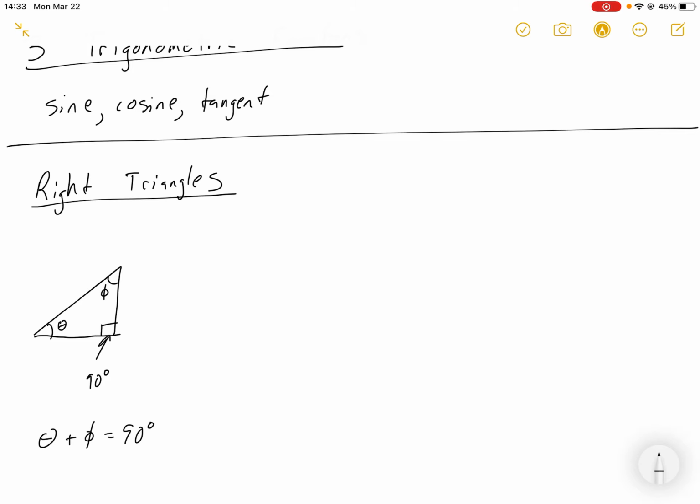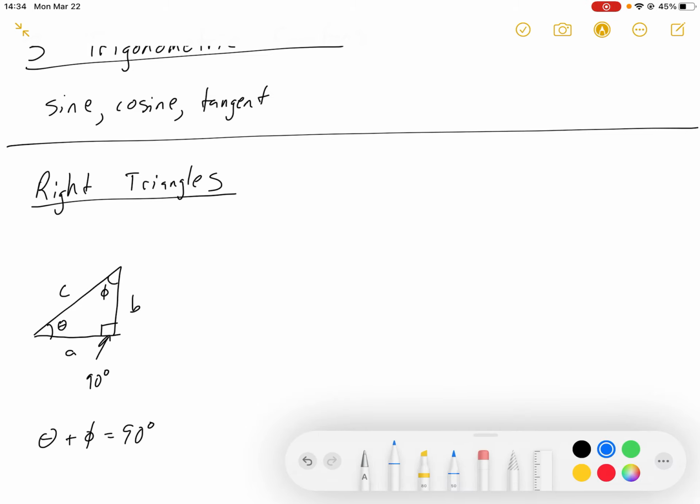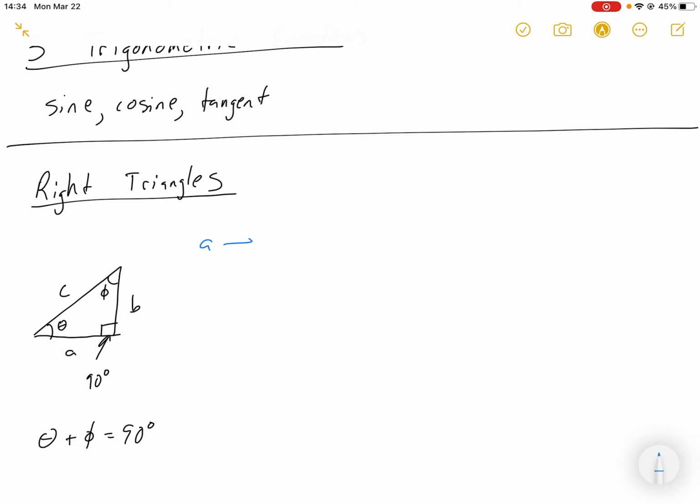Now, in this format, we'll start off just by calling these sides A, B, and C. It's important to note that A and B are interchangeable. These are called the legs of the triangle. It really doesn't matter which one you call A and B for the most part.